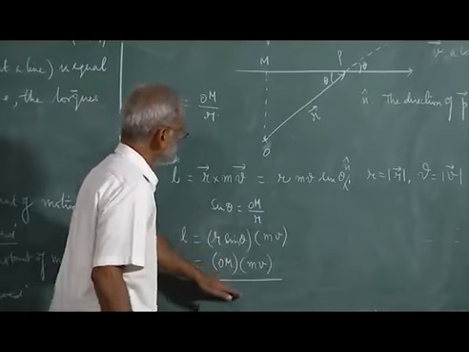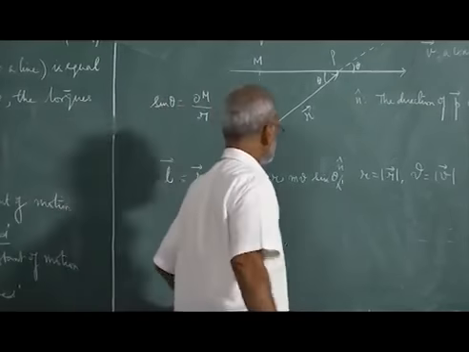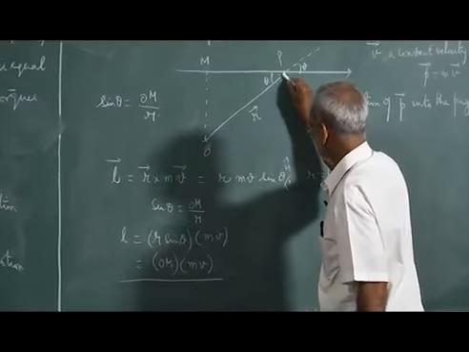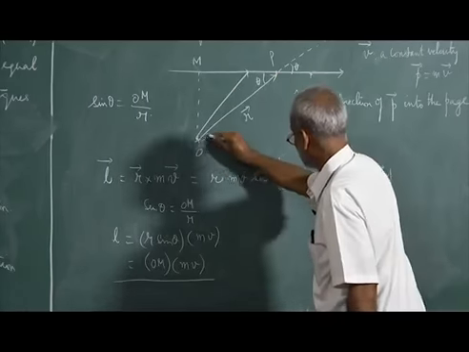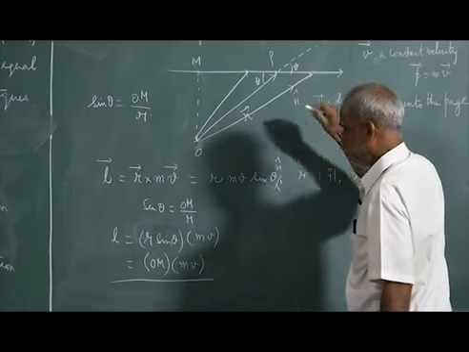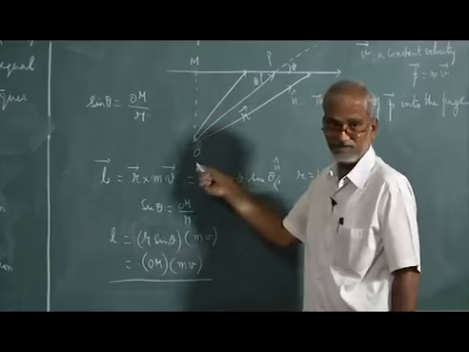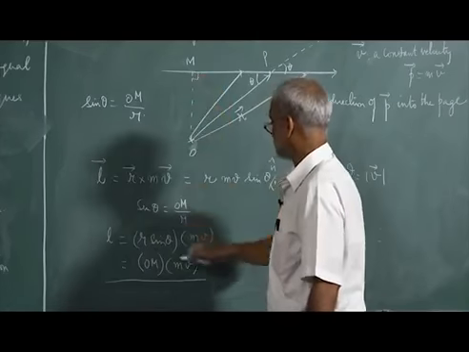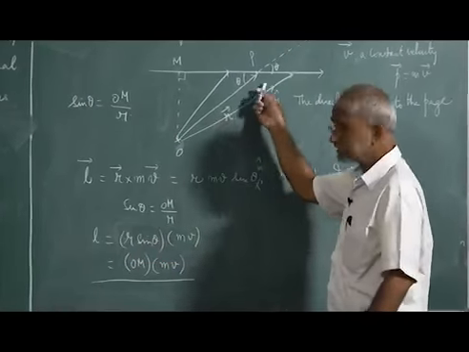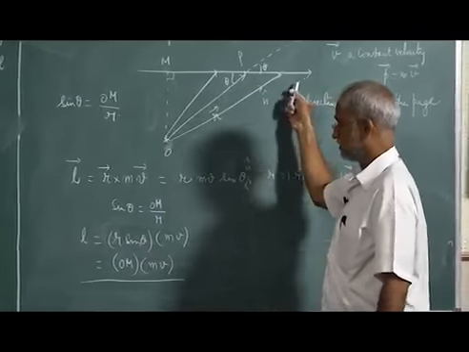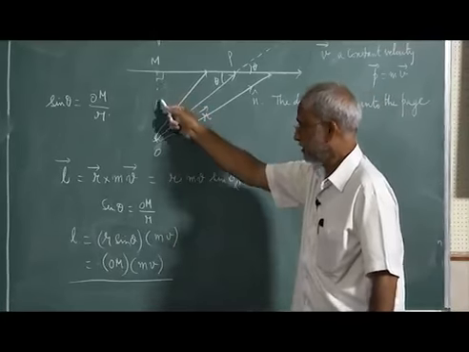So, from this you come to the conclusion. What is the conclusion? Whether the particle is here or here or here, it does not matter, it is always this distance Om when you calculate the magnitude of the orbital angular momentum. Theta will vary as it moves along, however, this Om is always the same.